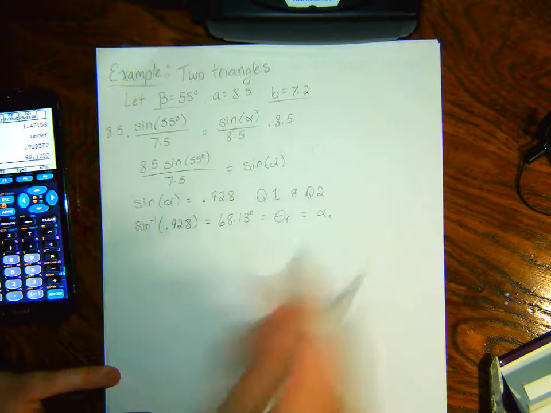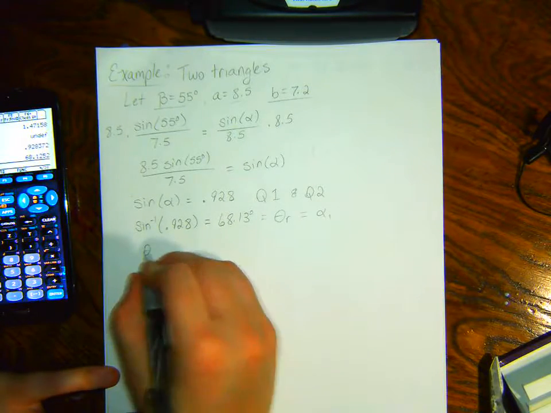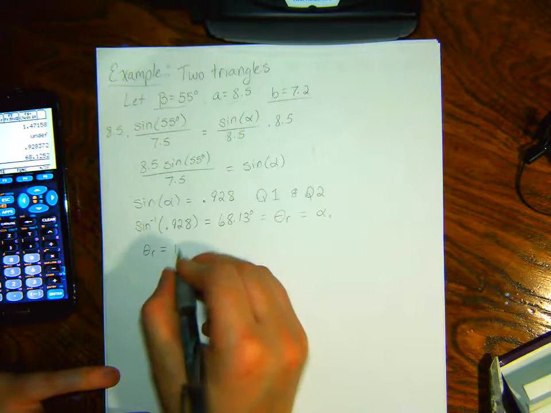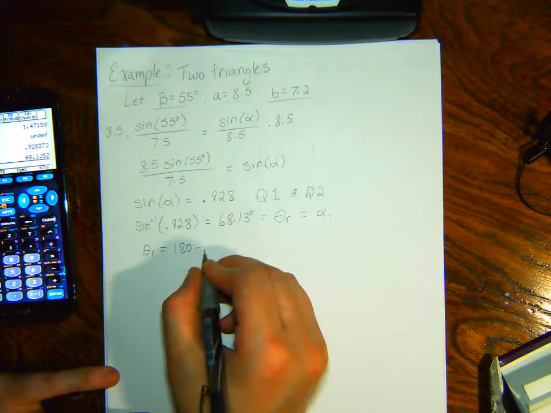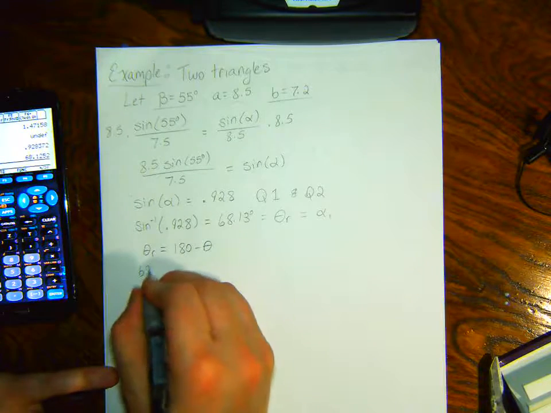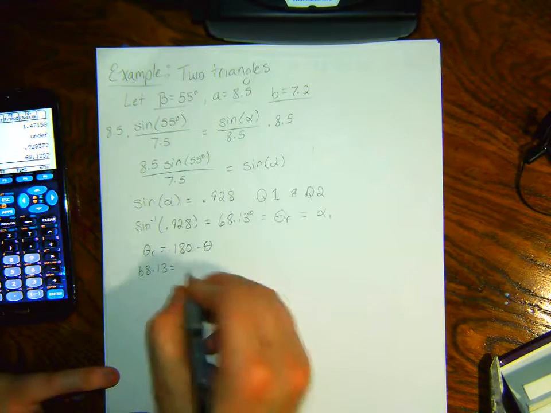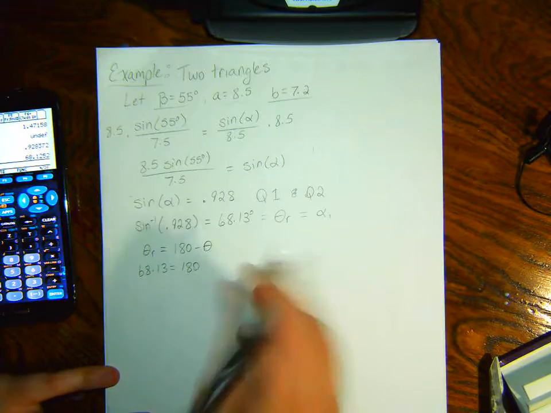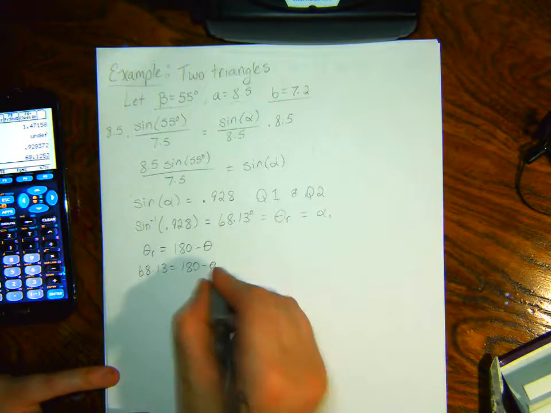Alright, so since we're in quadrant 2, we know that theta r equals 180 minus theta, the theta we want to find. So that's going to be 68.13 equals 180 minus theta.